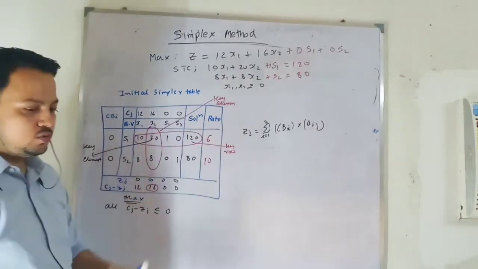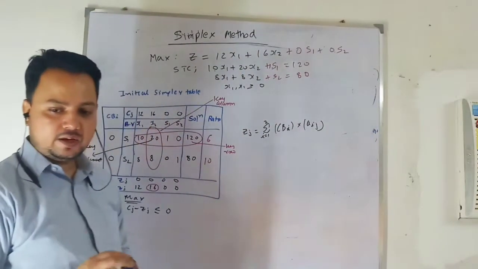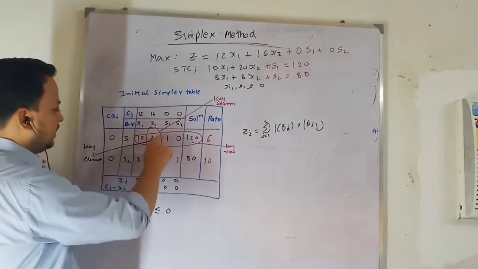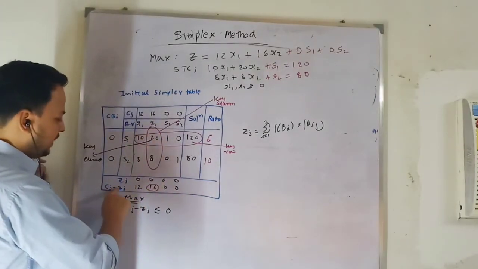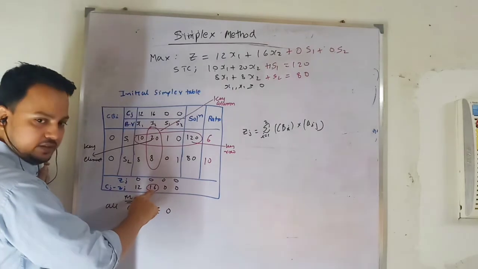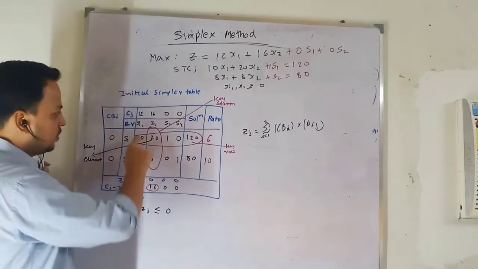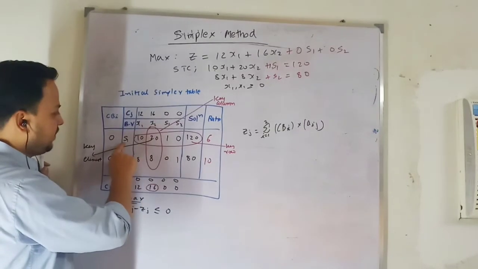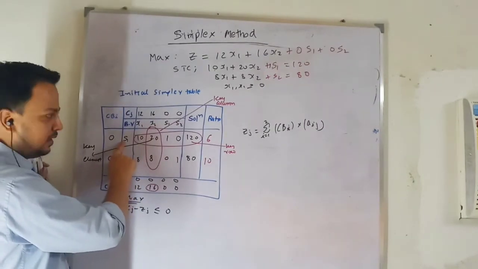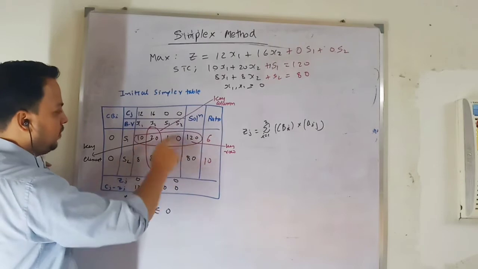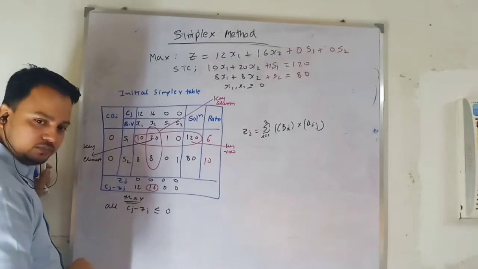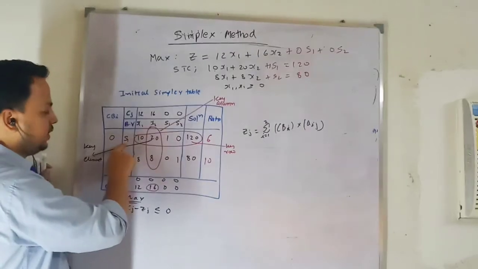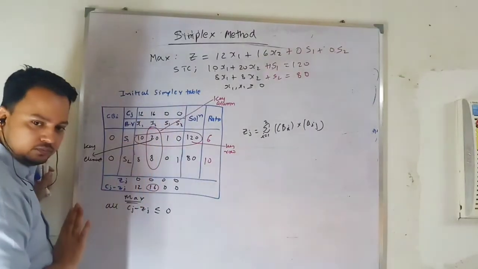Let's draw our first iteration table. Before that, remember, for this x2, when I take out Cj minus Zj, it is 16. So the column variable will be my entering variable, and the row where I have the minimum value will be my leaving variable. So when doing the optimization problem, I will take x2 here and remove s1.